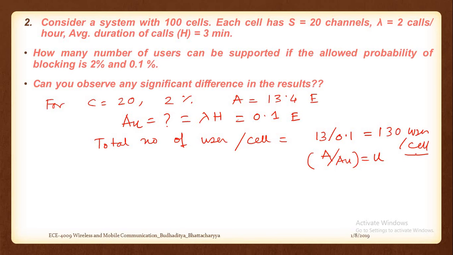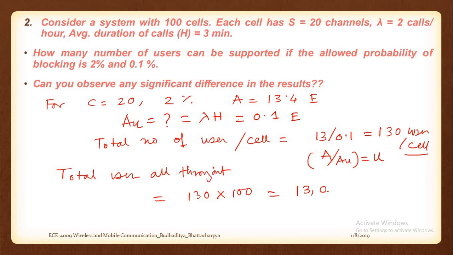Please remember this also, because this is not the overall user count; whatever we are calculating is only for one cell. Now suppose we have a total number of cells as 100. So the total users in the whole cellular coverage is given by 130 users per cell multiplied by 100.